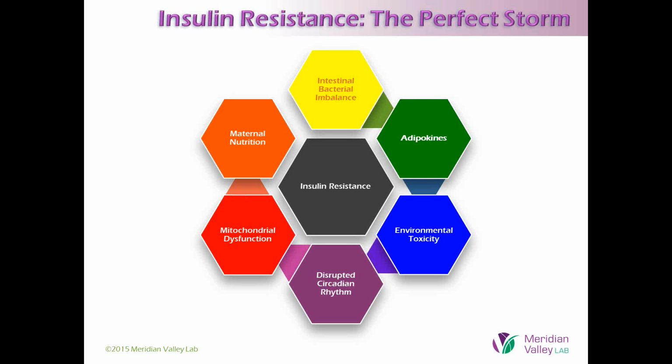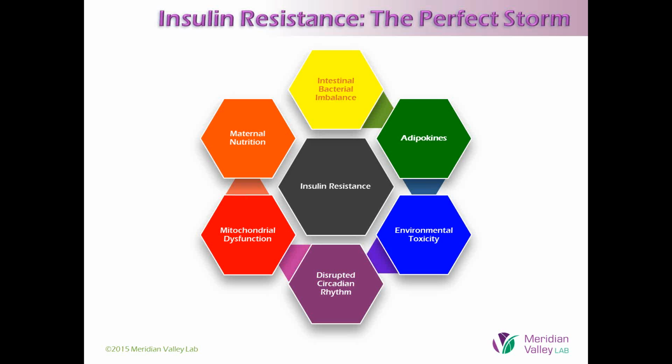You will notice here that inflammation is actually not called out as a distinct cog in this wheel, and that's because inflammation will be a running theme throughout. And you'll also notice that gene mutations I haven't specifically called out as a cog in the wheel. Certainly they should be.